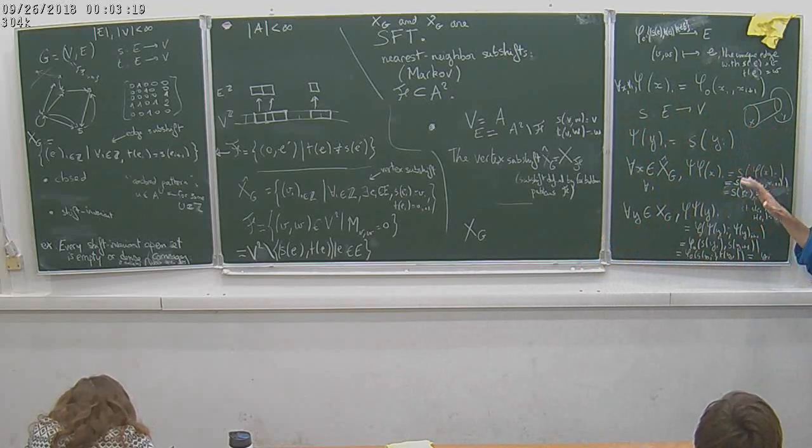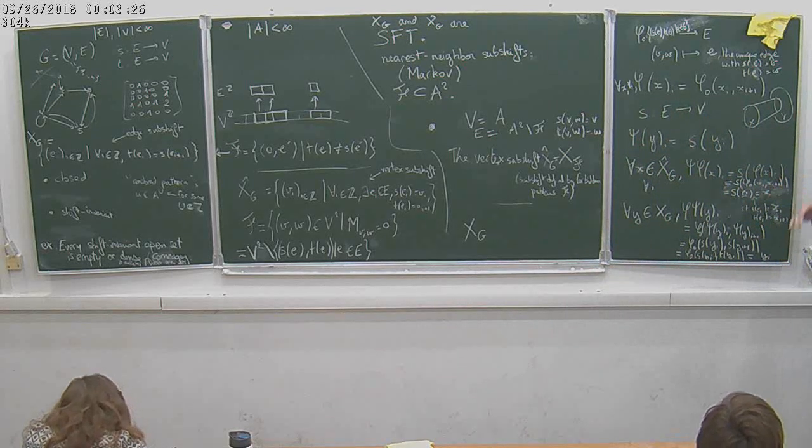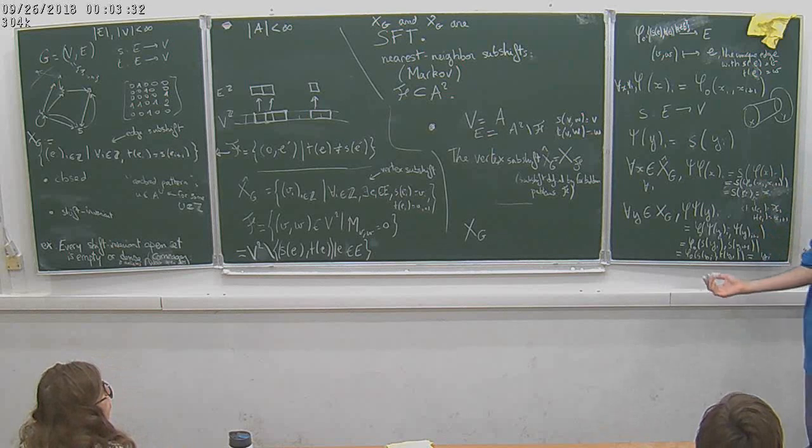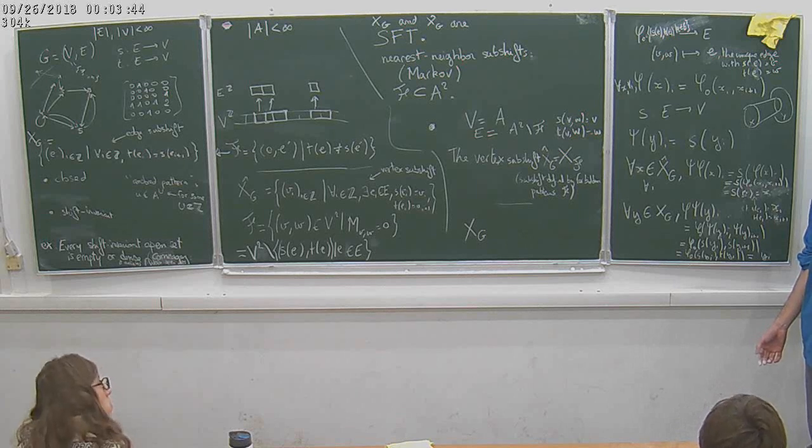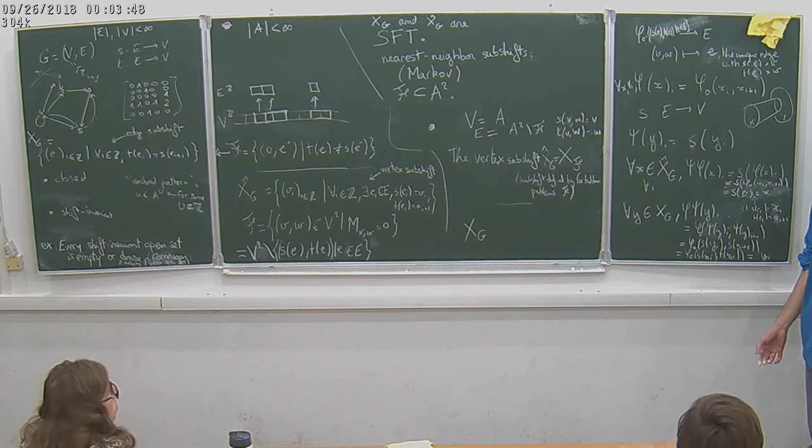So, to summarize, both the vertex subshifts and the edge subshifts are always nearest neighbor subshifts. They are conjugate when the graph has no multiple edges. And every nearest neighbor subshift is equal to a vertex subshift of a graph with no multiple edges.